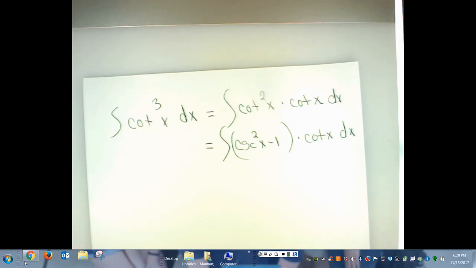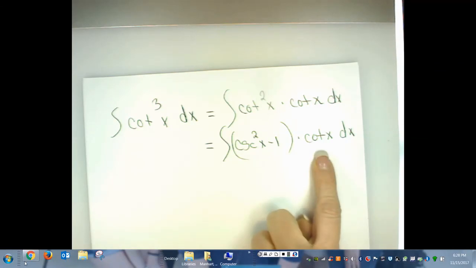Be thinking about what you would do with a u sub situation. You may be thinking that u is cosecant x, but what's the derivative of u if you're thinking u is cosecant x? You may be thinking that u is cotangent x, but what's the derivative of cotangent x?